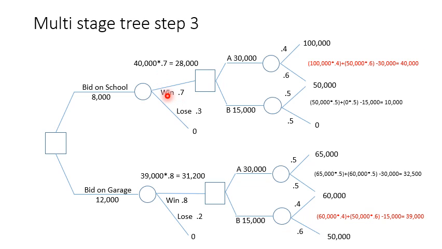Okay, however, there's only a 70% probability of this occurring. Therefore, the EMV at this point right here is $28,000. Over here, I have an EMV of 39,000. The probability of my winning is 80%, 39,000 times 80%. So here I have a value of 31,200.